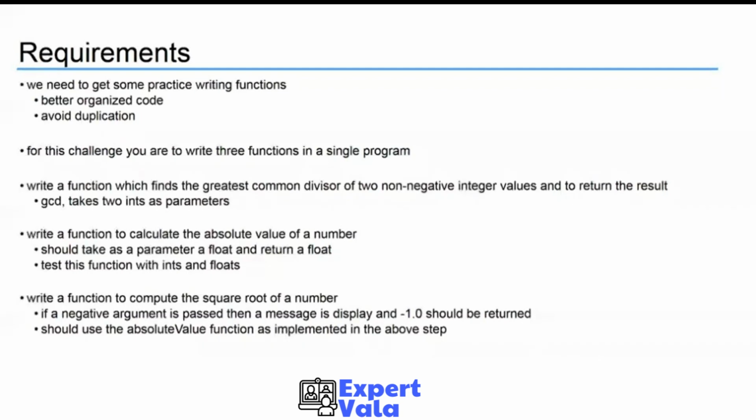You can use that to test whether or not the arguments are negative. You can also use it when you do your computation of the square root. Even though you are returning a negative number, you still want to call the absolute value function when you are performing the square root itself.